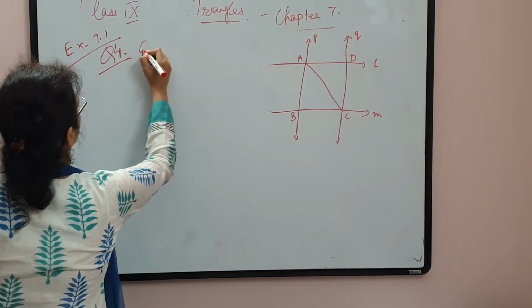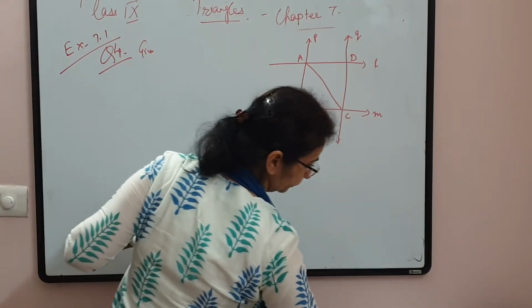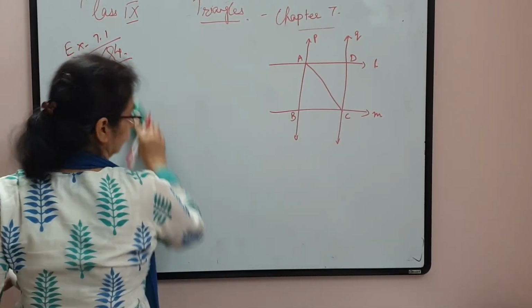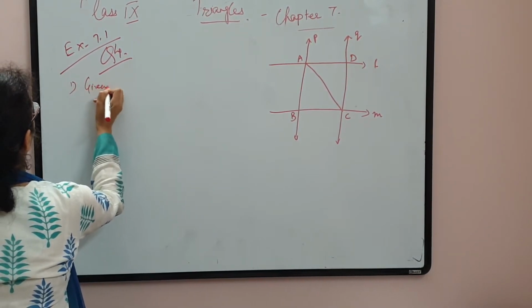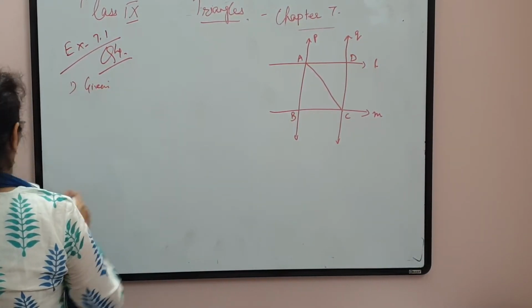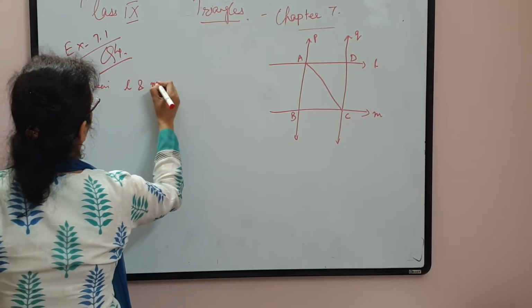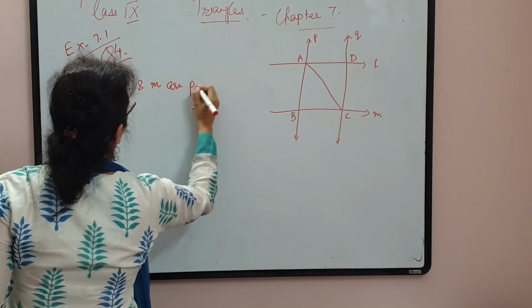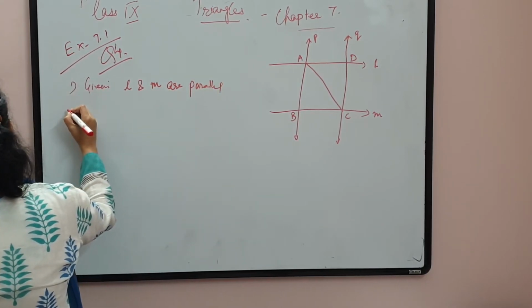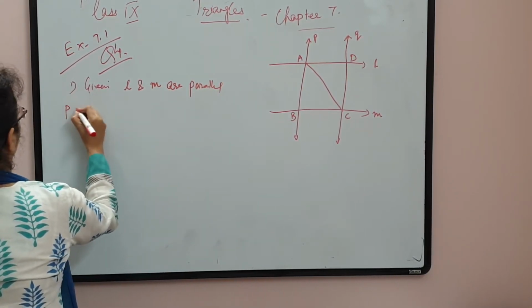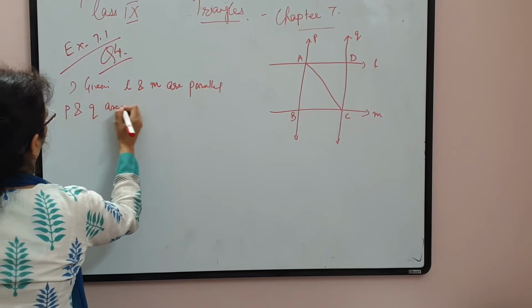So what is given, children? L and M are parallel. Another thing which is given is P and Q are also parallel.